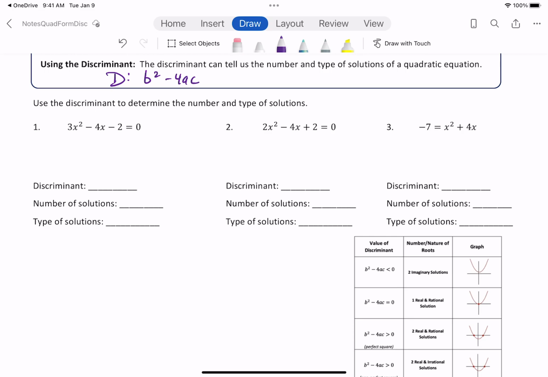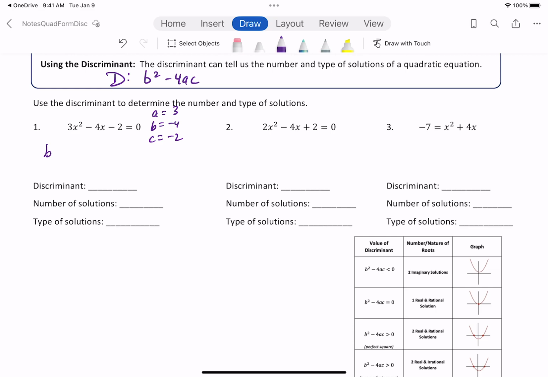So to find the discriminant, we pretty much have to start the same way. We still need for our equation to be in standard form, and this one is. And we also need to determine what a, b, and c are. So a here is 3, b is negative 4, and c is negative 2.